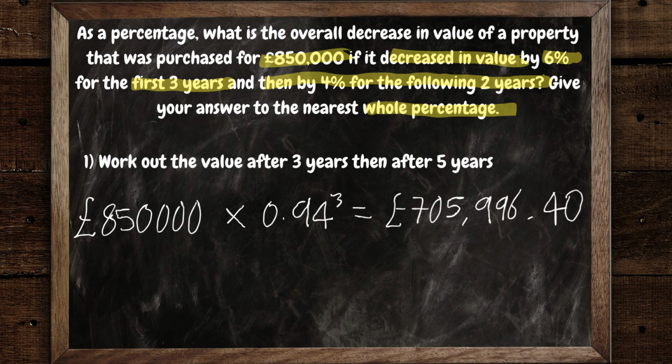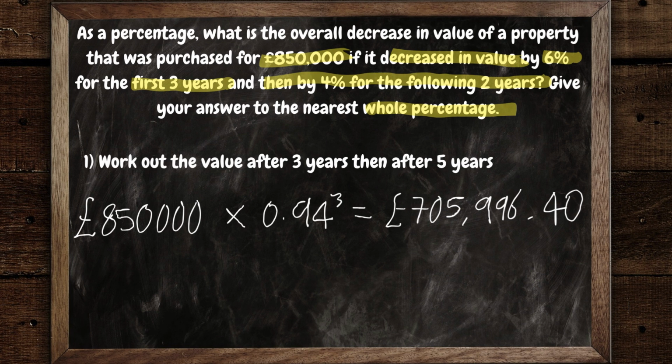So since in the first 3 years, the property decreased at a rate of 6% every year, this means that the property is worth 94% of what it was worth at the start of the year, because 100% take away 6% is 94%. So we need to multiply the original value, which is £850,000, by 0.94, because 0.94 is the multiplier. So to work out 0.94, all you need to do is 94 divided by 100.